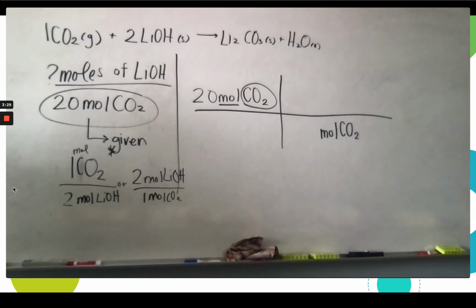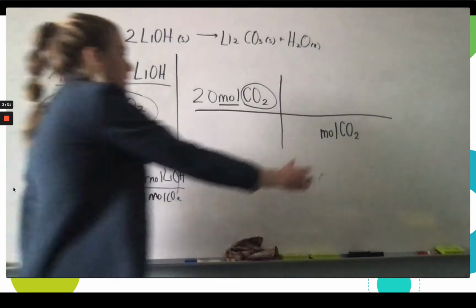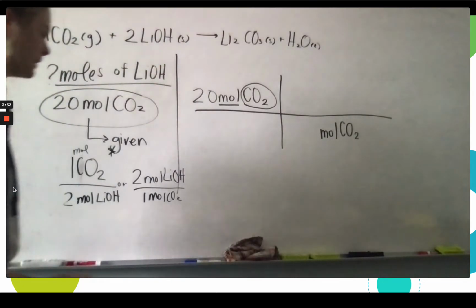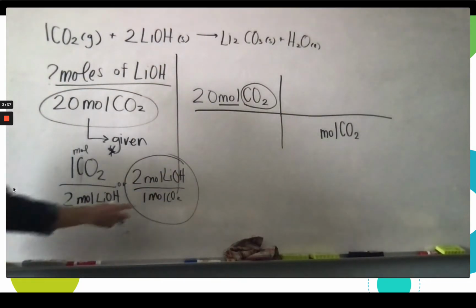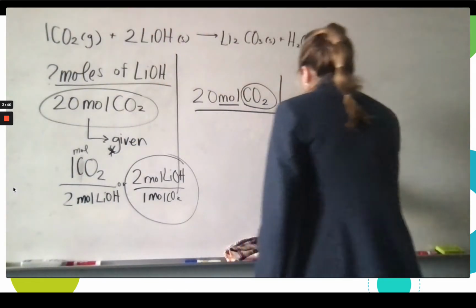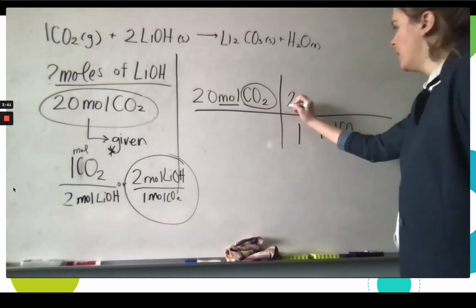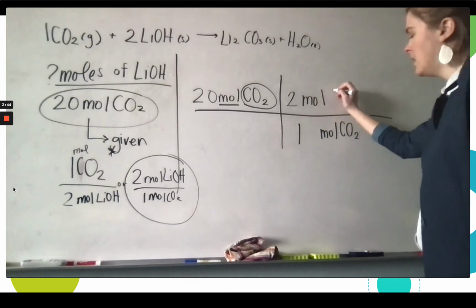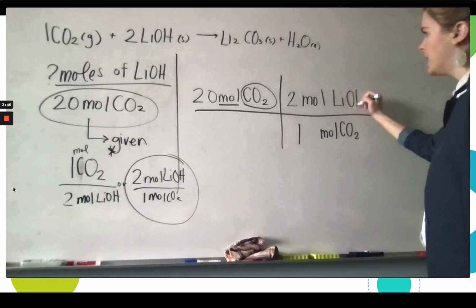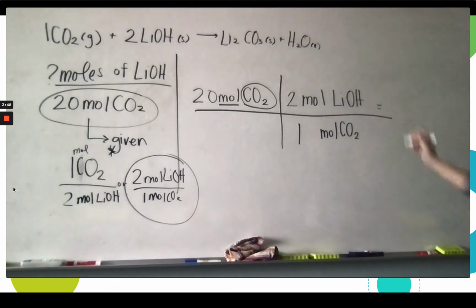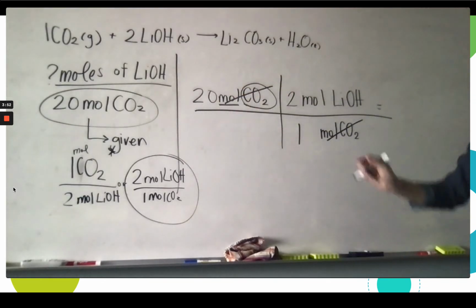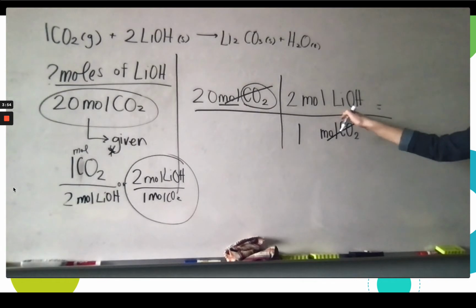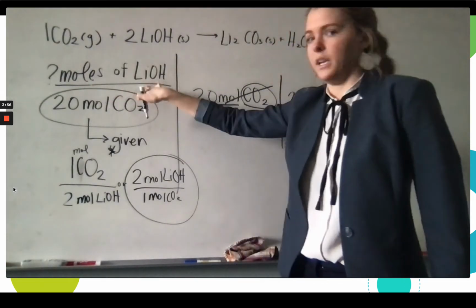So these mole ratios are the conversion factors we're going to use. You can determine which one to use because we know we need moles of CO2 on the bottom. So we're going to have 1 mole of CO2 on the bottom and 2 moles of lithium hydroxide on the top. We can cancel out our unit of moles of CO2, and we're left with moles of lithium hydroxide, which is what we're looking for.